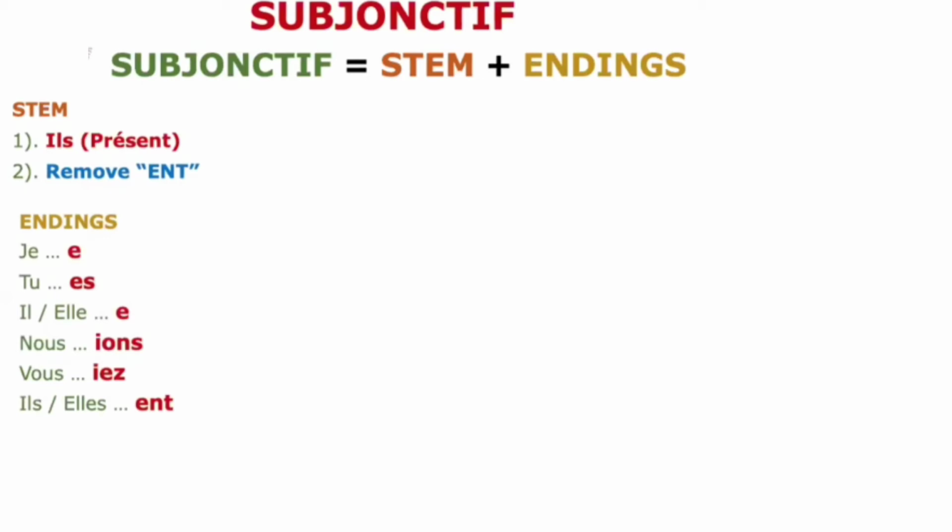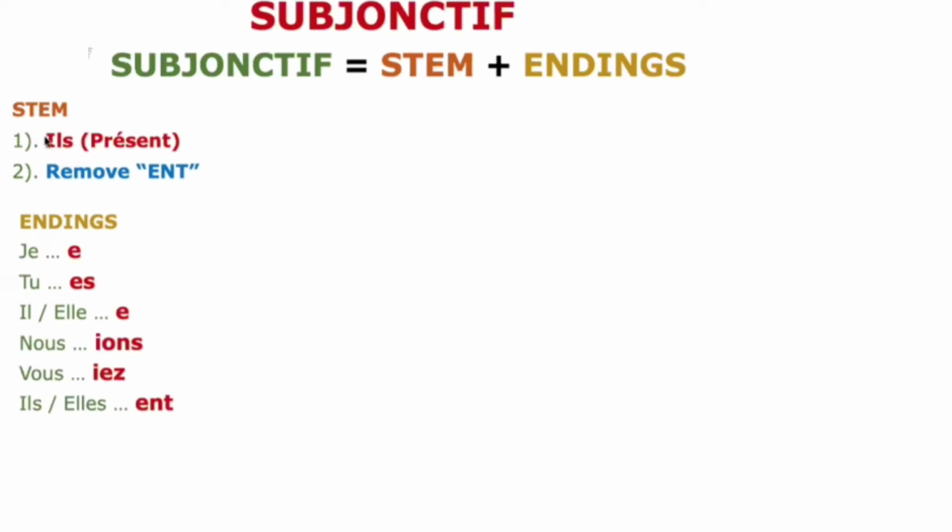Only NOUS and VOUS are different. These look like the imparfait endings, and the remaining endings all look like ER endings. That also you can easily remember. So you must remember the stem and the ending. If you are thorough in present tense, you can easily conjugate this tense.